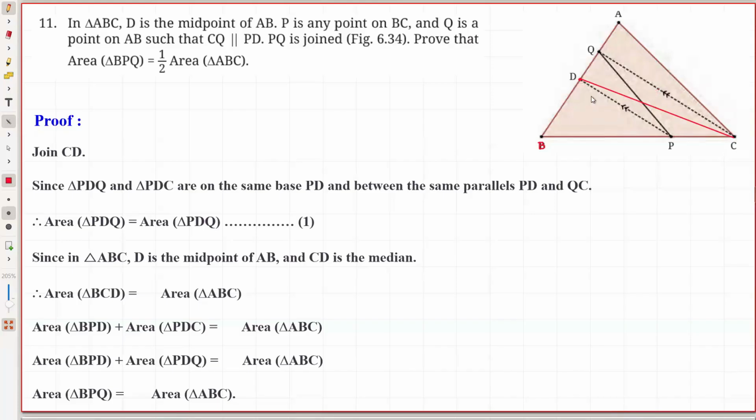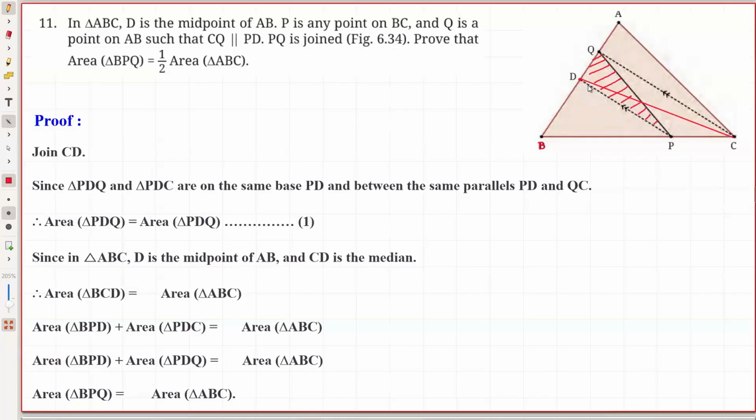We are just joining C and D. So this triangle BDQ and this triangle BDC. Both have the same base DP.